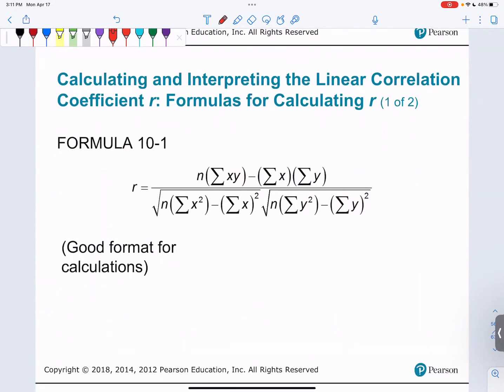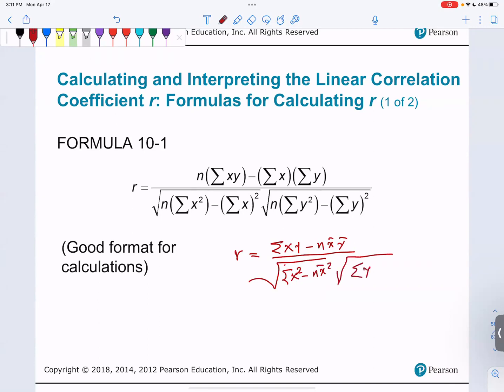Okay, and then I told you, you can use this formula or you can use this one, as I said: summation xy minus n x bar y bar, divided by the square root of summation x squared minus n x bar squared, and then the same, summation y squared minus n y bar squared.